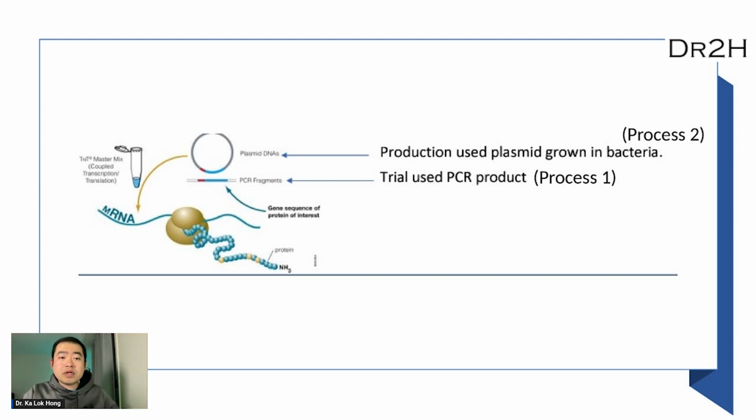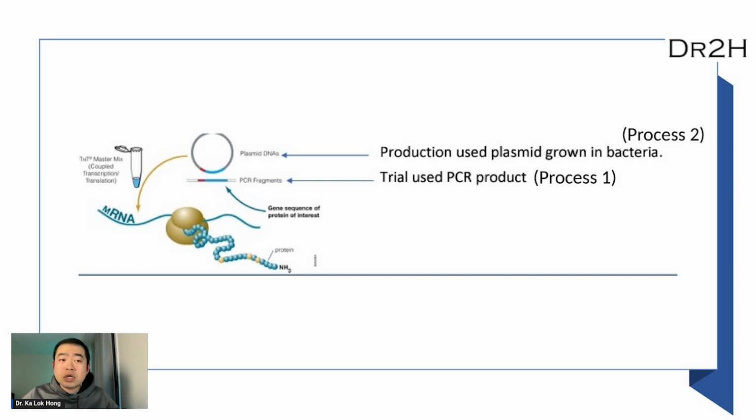But when you are trying to scale up the production to make millions and billions of doses, the manufacturer had to use something called a plasmid, which is a small circular piece of DNA that is put into bacterial cells, and this is called process two.